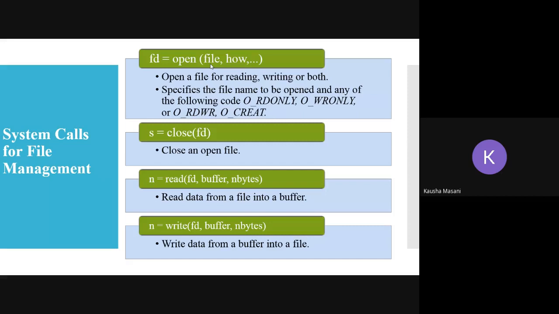And if you have other parameters, like in which mode you want to open, such as O_RDONLY, where RD is read, then O_WRONLY is write only. Or you can say read write and create. So these are the codes that you need to specify when you want to open any file.